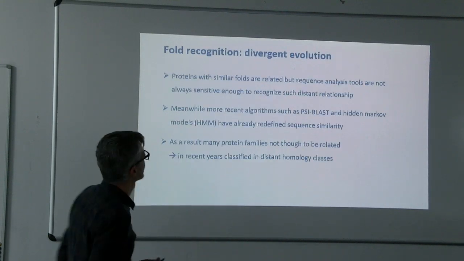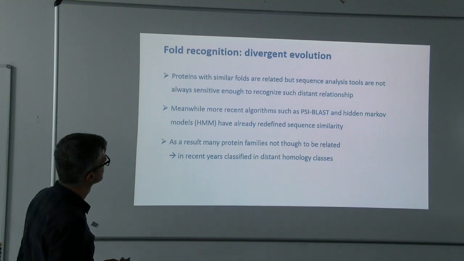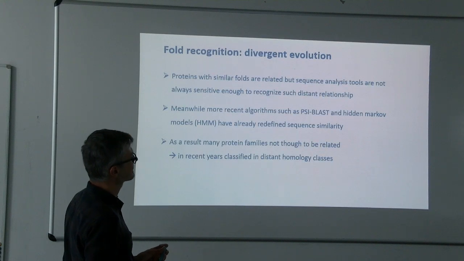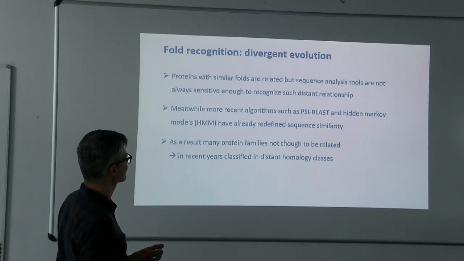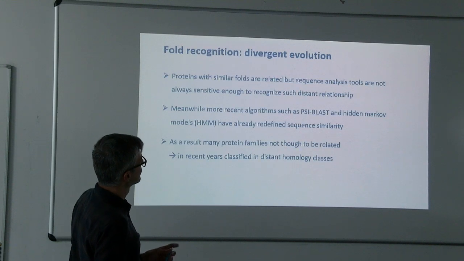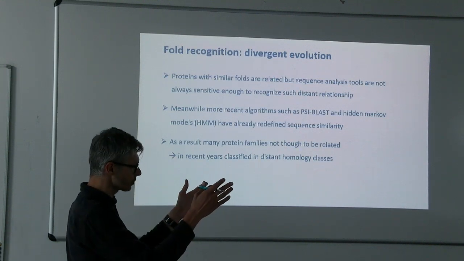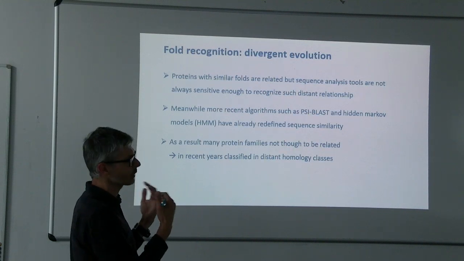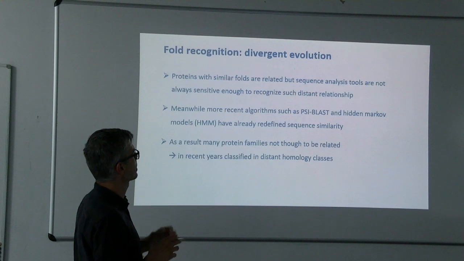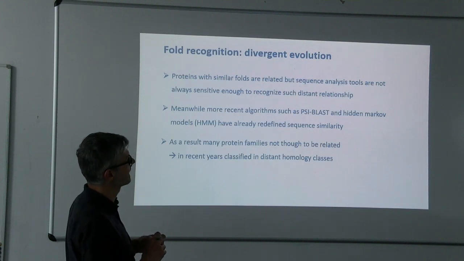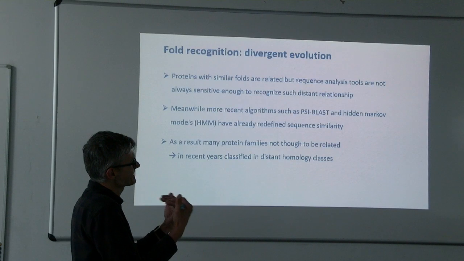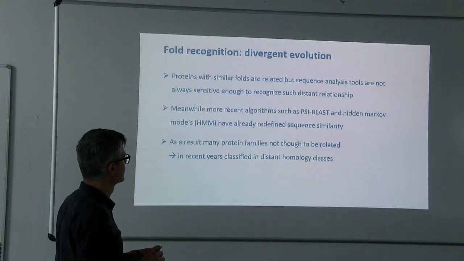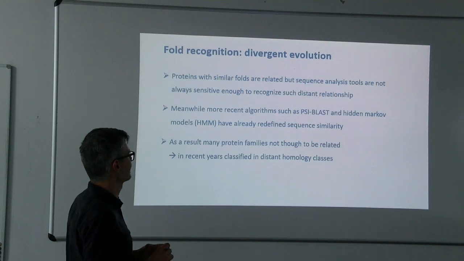Let me first talk about divergent evolution. Proteins with similar folds are of course related, but it can be that sequence analysis tools are not sensitive enough. If they diverge enough during evolution, you cannot find them again if you just BLAST them. The sequence identity is too low, which I already told you this evening makes it impossible to find at the sequence level, but the fold is still the same and the function is still similar. So a normal BLAST might not detect it.